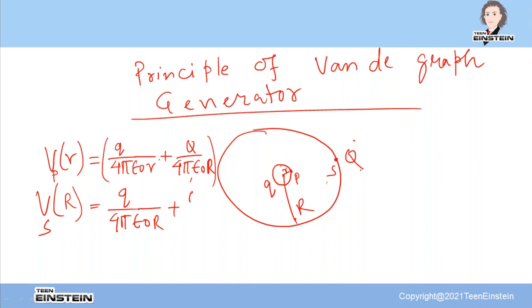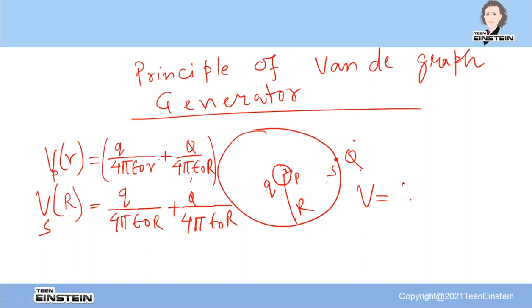So what is the potential difference then between these 2 points P and S? So potential difference I can write Vp minus Vs. Okay, let me check what is the potential difference. Look, I just take the difference between these two, right? So what are the common terms? So this is one term and this is one term.